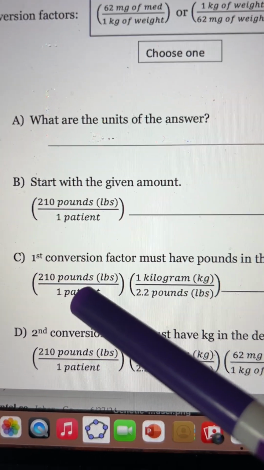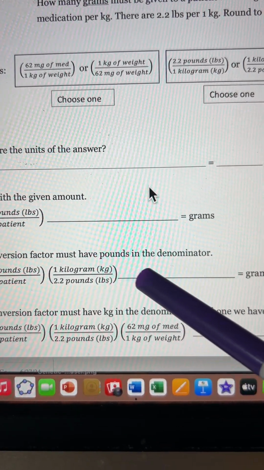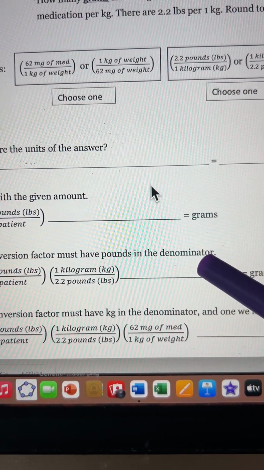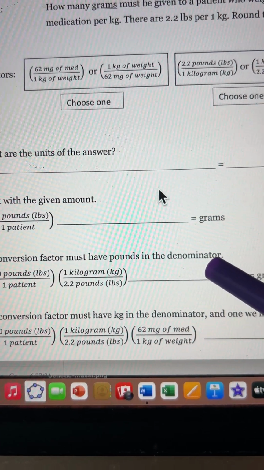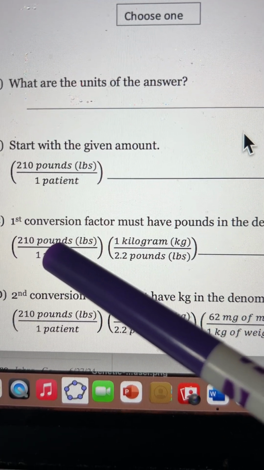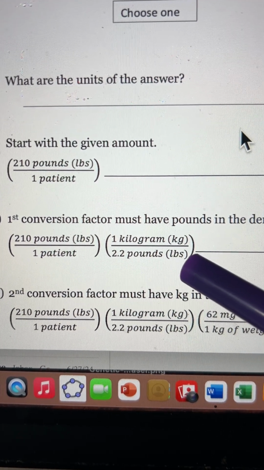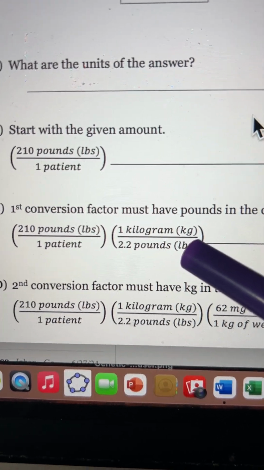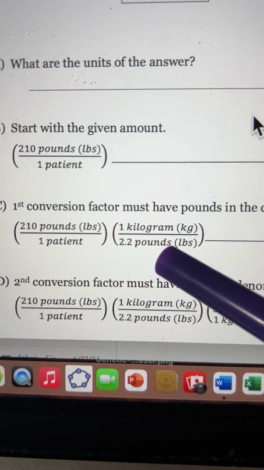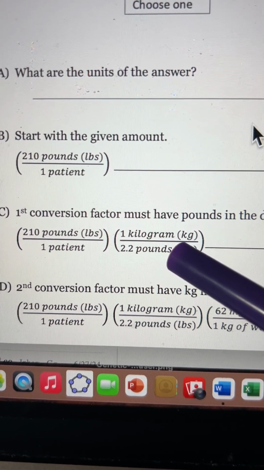And then the next step, because it says first conversion factor must have pounds in the denominator. That's the directions every single time. Whatever word is here in the numerator, you find the appropriate conversion factor with the same word in the denominator. That is just exactly what you do.